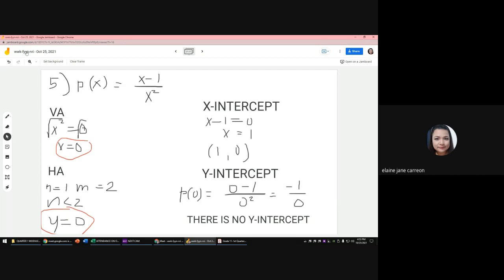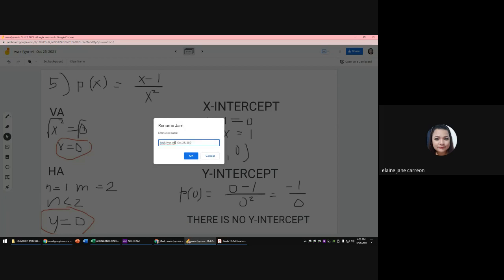So, i-rename ko lang ang ating file as module 8.1 and 8.2 discussion or lecture notes.